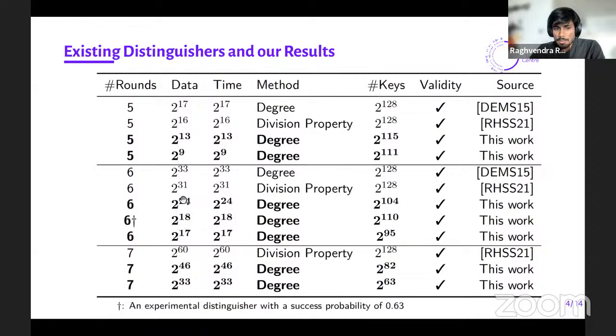Same thing for 6 rounds, we decreased from 2 to the power 31 to 2 to the power 17. Now for 7 rounds, we are able to find distinguishers with complexity 2 to the power 33. Although this works for a small fraction of keys, this is still practical. And also another distinguisher which requires 2 to the power 46 data.